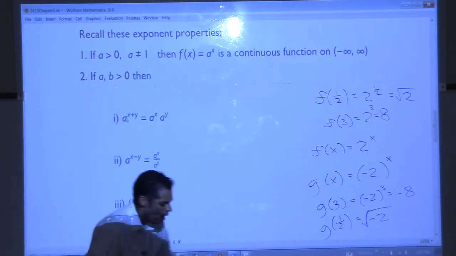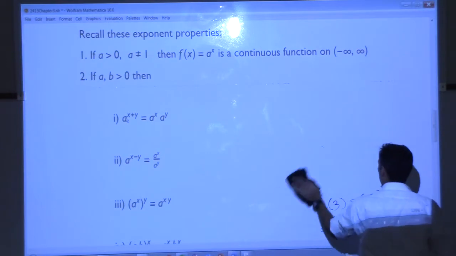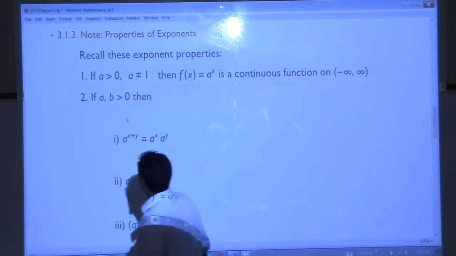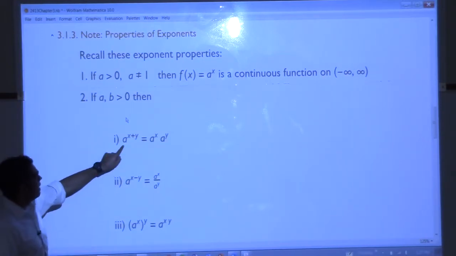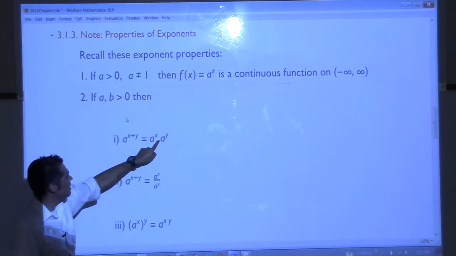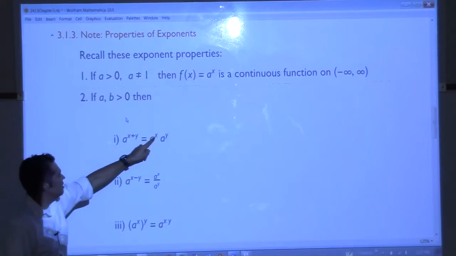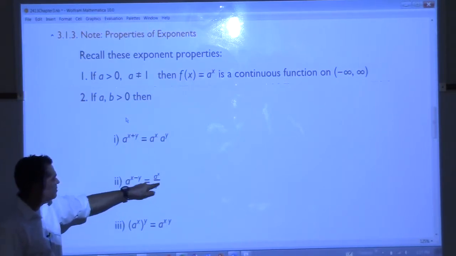All right, some properties of exponentials that you should remember from college algebra, or even before college algebra. Anytime we have same base, multiply, different exponents, we add the exponents. We've been doing that already, so this isn't that crazy. Anytime you have division, same base, different exponents, you subtract.